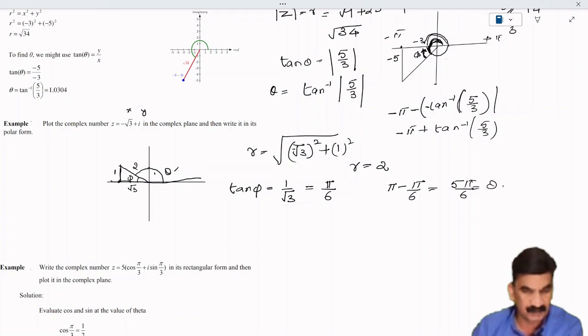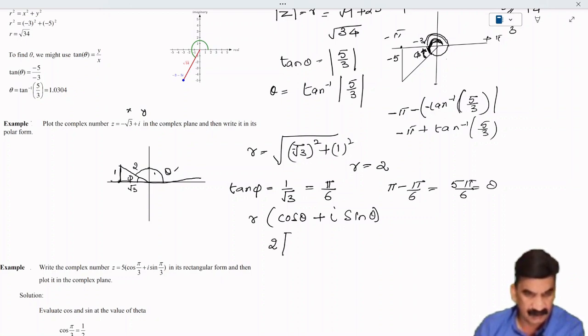This is my argument. So if I write the complex number now, the complex number will be r cos theta plus i sin theta. So r is 2, cos 5 pi by 6 plus i sin 5 pi by 6.